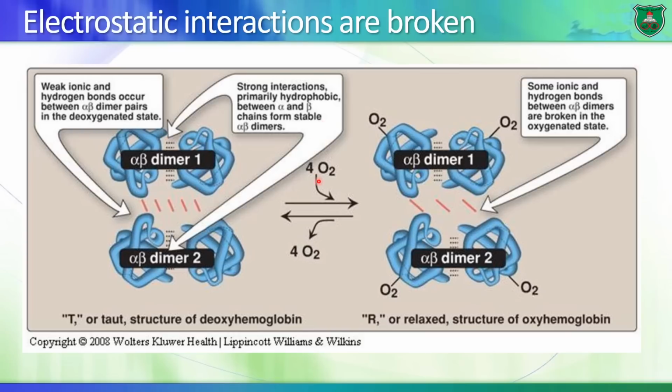When oxygen comes in and binds, the number of electrostatic interactions is reduced, and that results in the relaxation of the hemoglobin molecule. So it becomes relaxed, and R stands for relaxed.